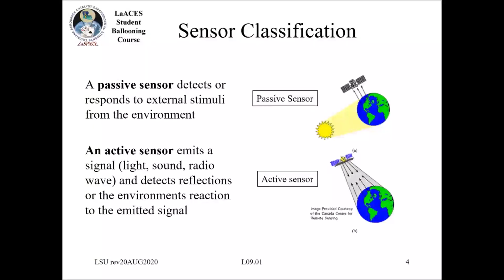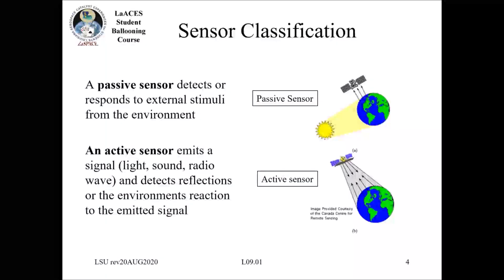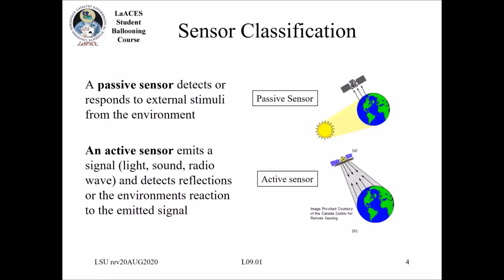There are also 2 kinds of sensors, and it depends entirely on whether it is actively emitting some other signal that it's trying to measure, or if it's just passively reacting to some external stimuli. So a passive sensor is just that. It just passively responds to external stimuli and always outputs some kind of electrical signal.